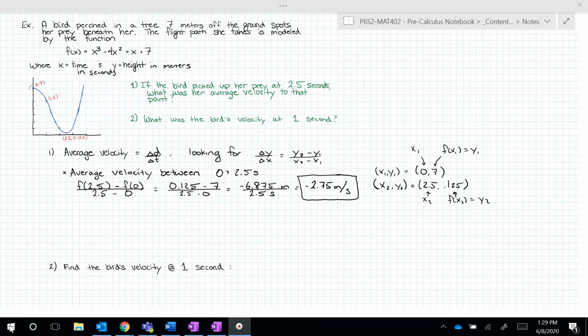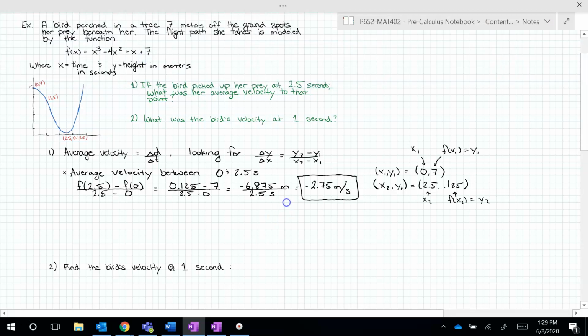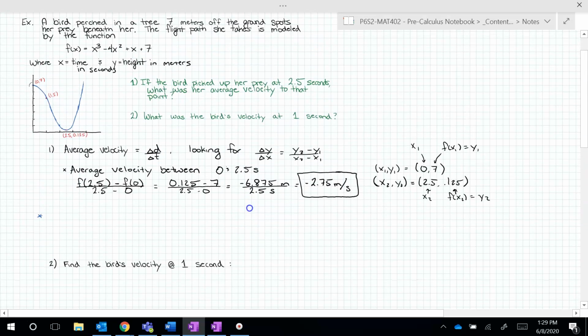So let's generalize this. And I'm going to be specific with the lettering that I use here, because to find the instantaneous rate of change, we first need to look at what's the average rate of change.